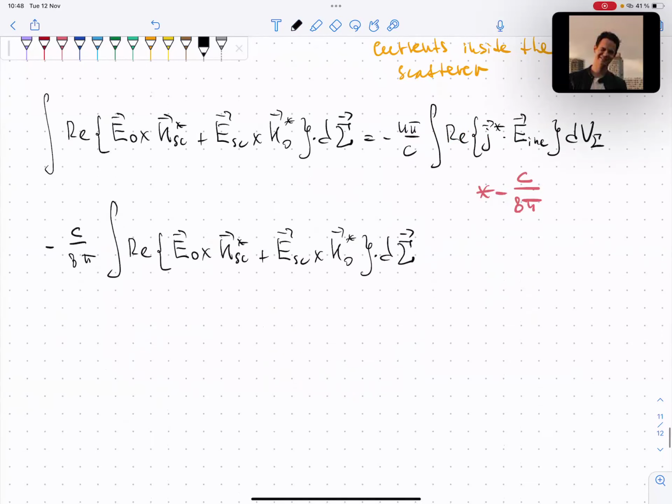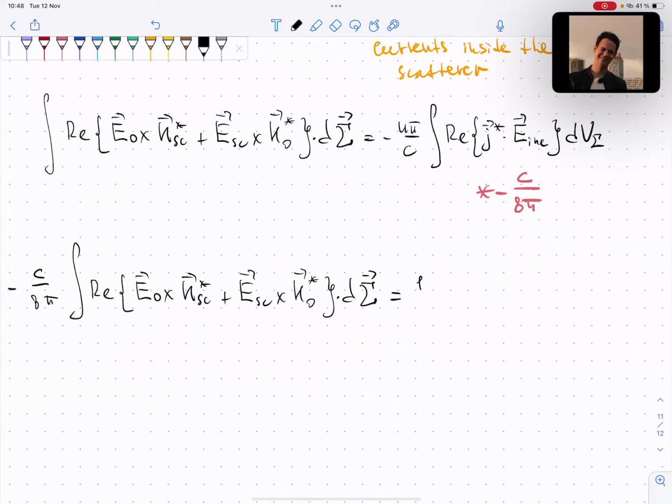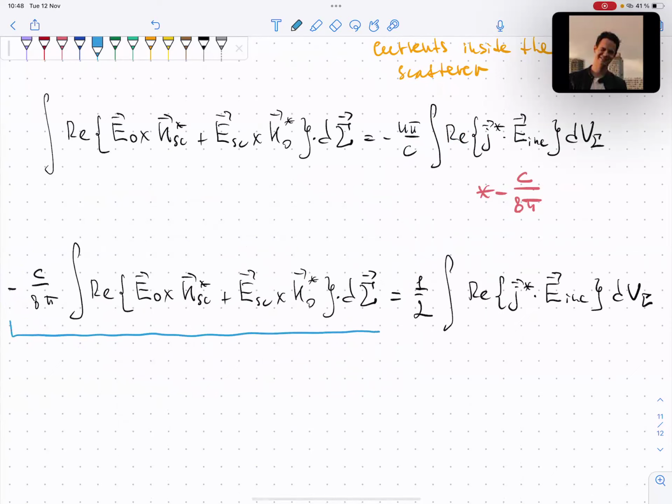And on the right hand side, we would have just one half integral of the real part of J multiplied by the incident field over the volume. And we can see that this guy is exactly the power of extinction. It's exactly the power of extinction.